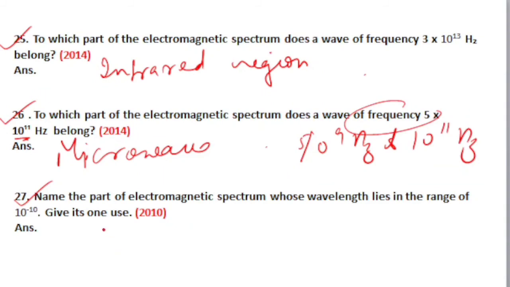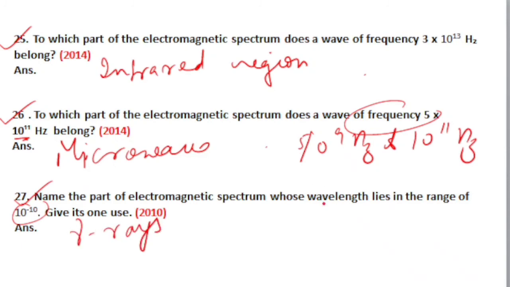Now, next question is, name the part of electromagnetic spectrum whose wavelength lies in the region of 10 to the power minus 10 meter. Guess the answer and also write its one use. Again, 10 to the power minus 10 means which electromagnetic spectrum? Yes, gamma rays.